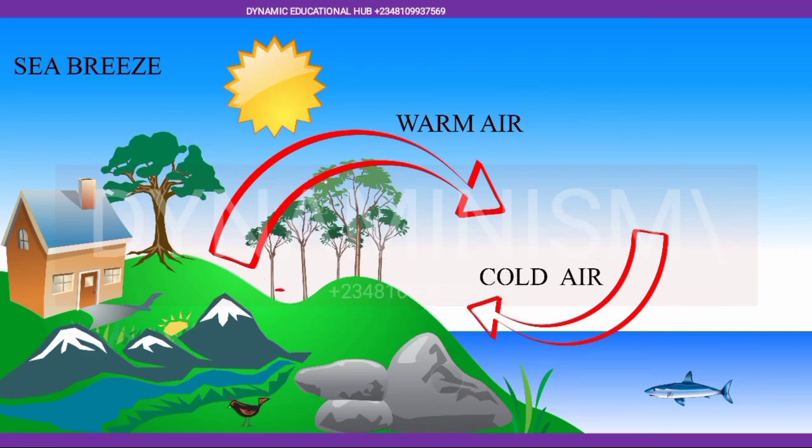So which means that the air above the ground level will automatically absorb some of the heat that the ground cannot absorb. So which will lead to what? Increase in their temperature. As their temperature increases, automatically the volume of that air will increase.